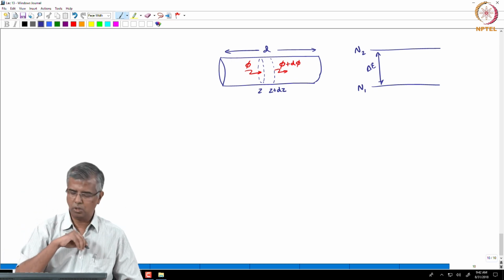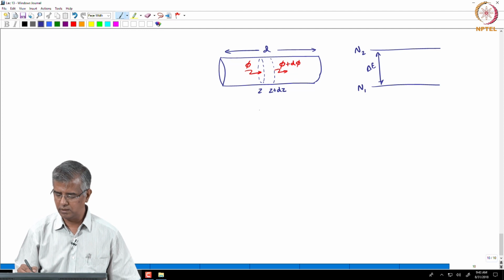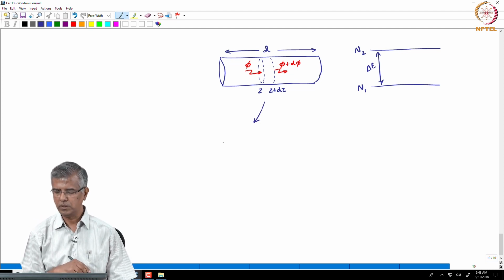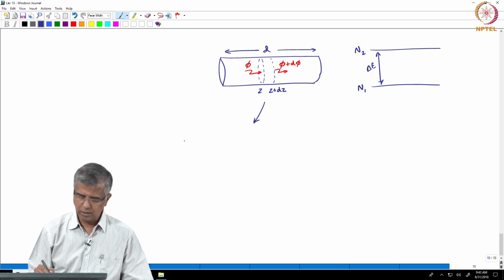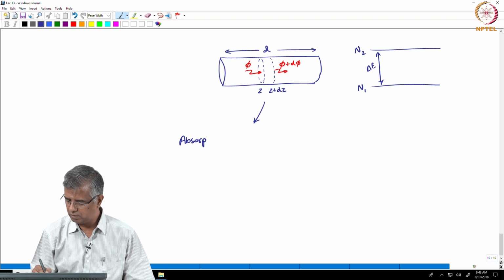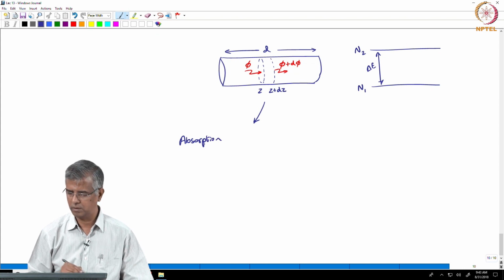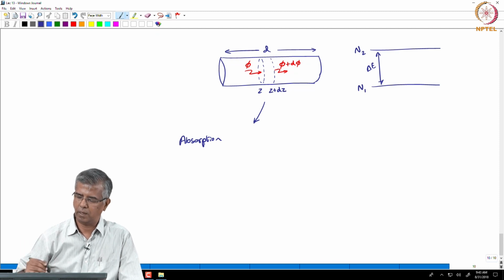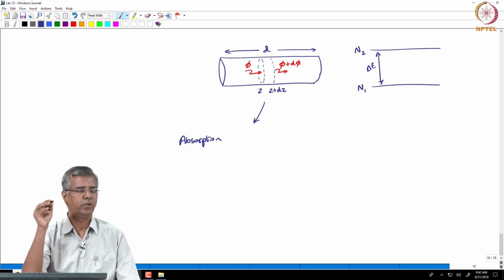Okay. So, let us track what all is happening over here. What is happening is you have absorption happening, which takes an atom from a lower energy level to a higher energy level.